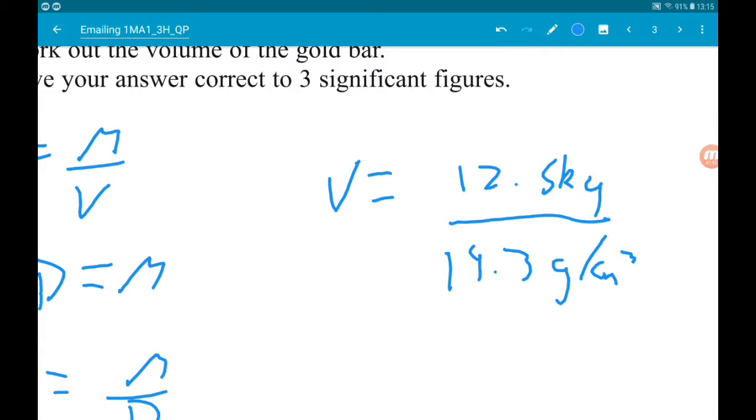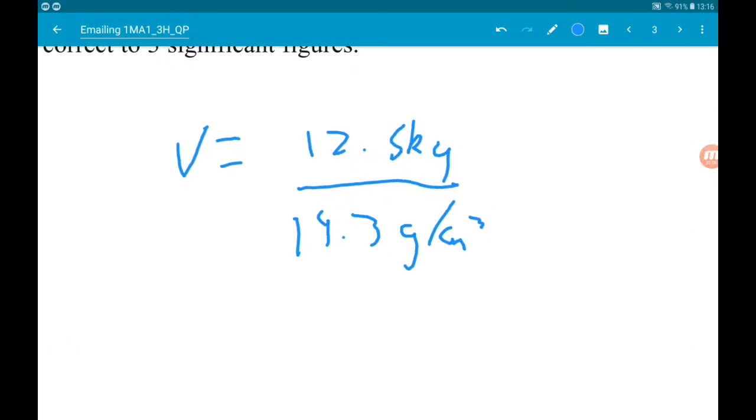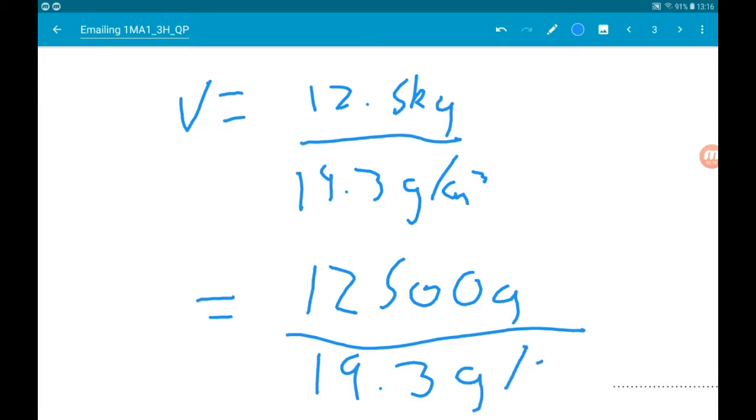Now the top and bottom masses are in different units. So we need to turn 12.5 kilograms into grams. So this is 12,500 grams divided by 19.3 grams per centimetre cubed.